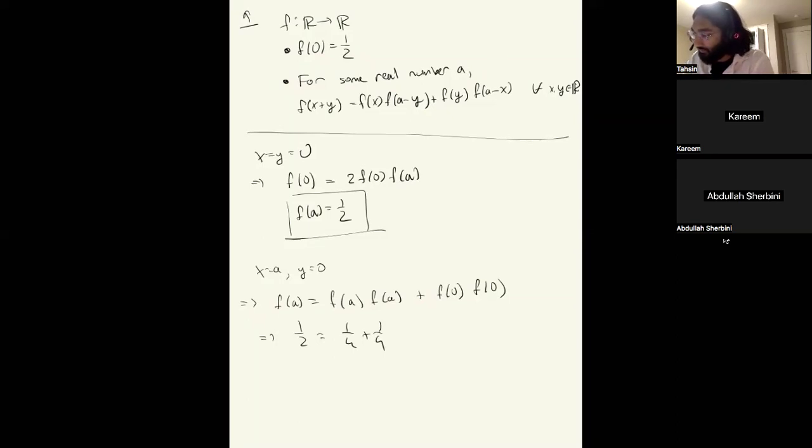In this statement, a is something that is really fixed. So you don't get to pick a. Yeah. So Kareem's suggestion was that maybe we can just do just y equals 0, right?